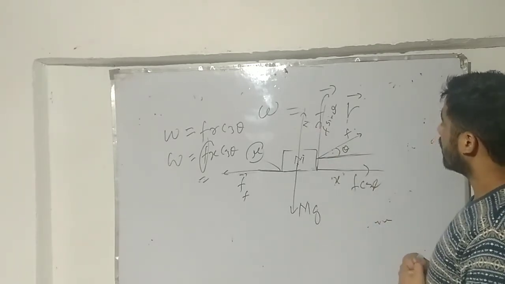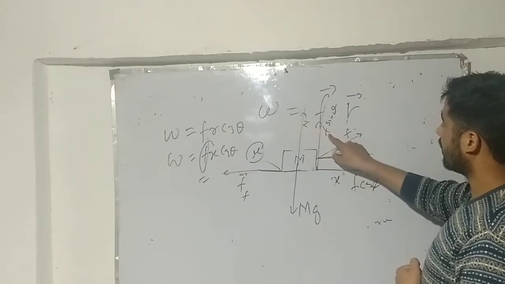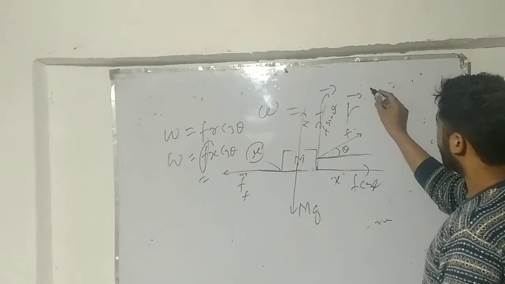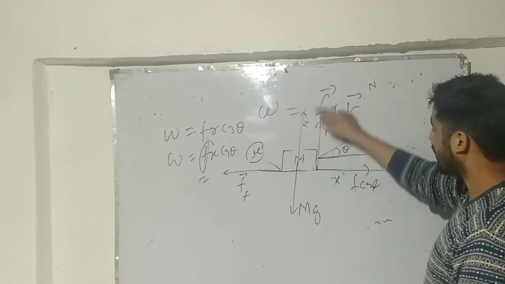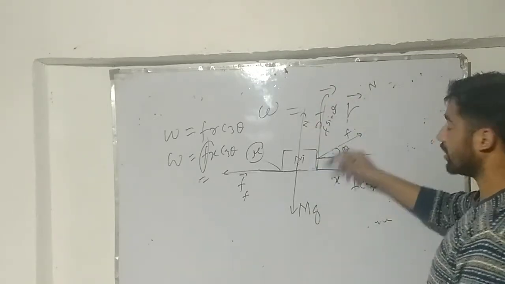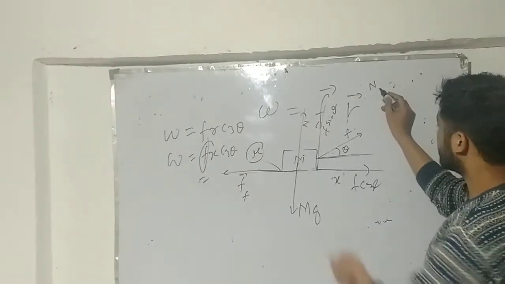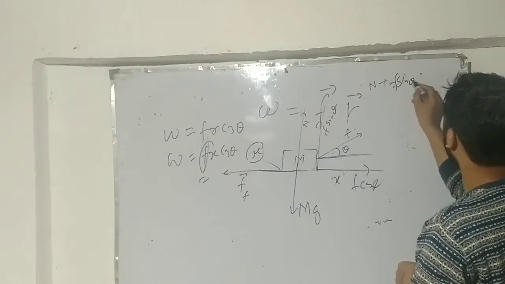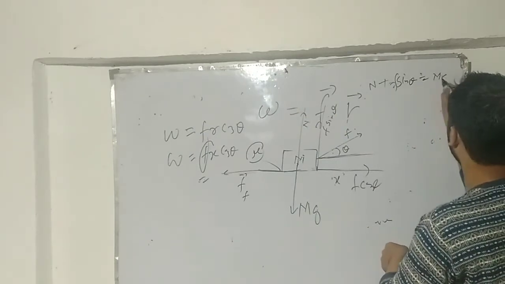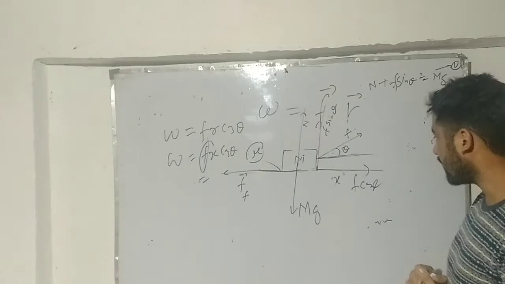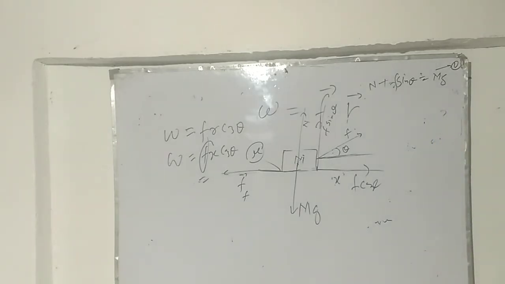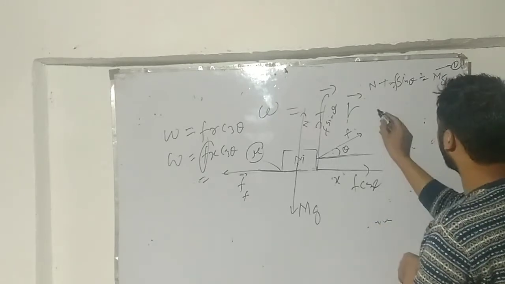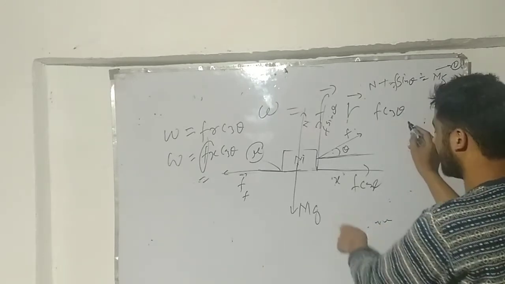So the forces along the vertical, upward and downward, should balance in pairs, meaning this force plus this force F sin theta should be equal to mg. This is my first condition here, that I can number as first. The second condition is my F cos theta is equal to the frictional force.